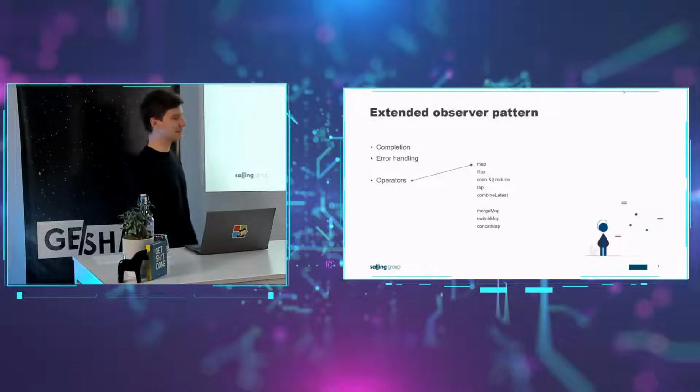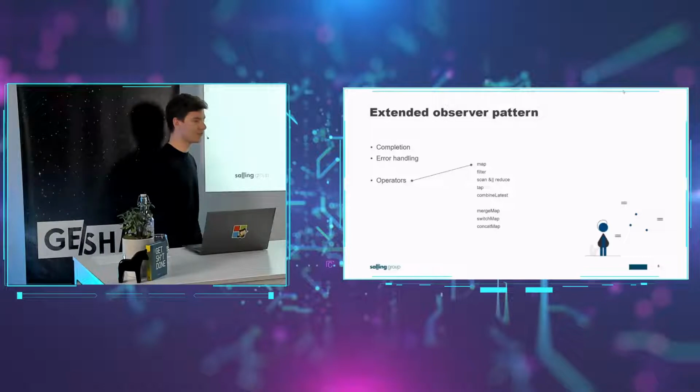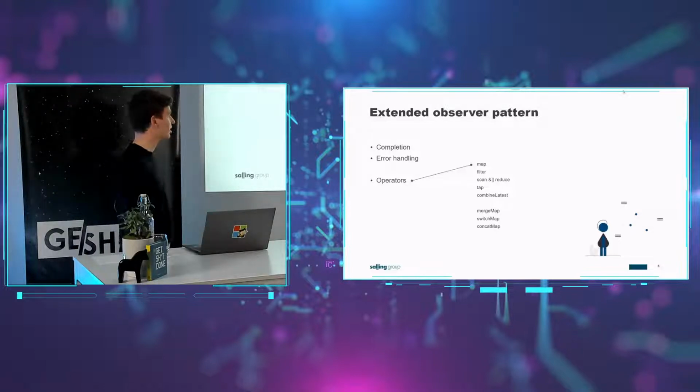But what really takes RxJS above and beyond and makes it so super powerful is the introduction of operators. We know operators from other places in programming, like logical operators like AND and OR.